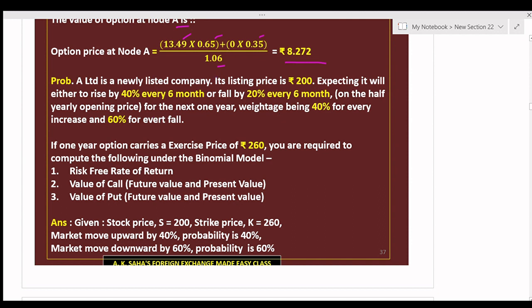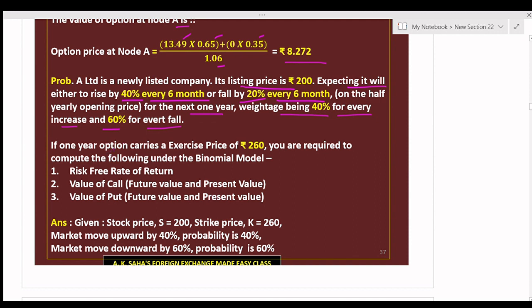A limited newly listed company. Its listing price is rupees 200, and it is expected to rise 40% every 6 months or fall by 20% every 6 months on the half-yearly opening price for the next 1 year. The weightage is 40% probability for every increase and 60% for every fall.